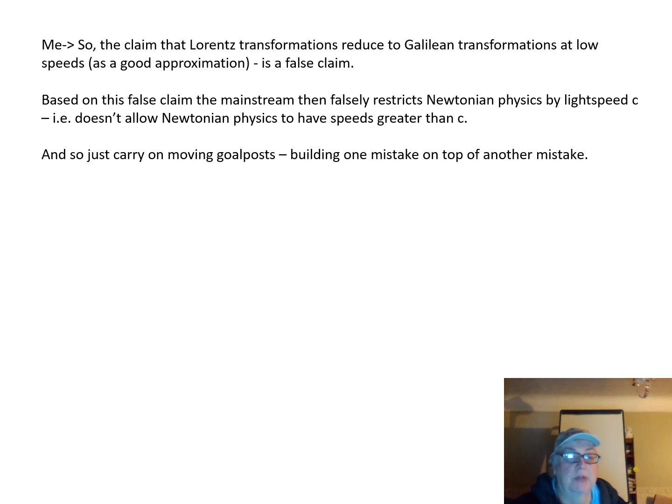Based on this false claim, the mainstream then forcibly restricts Newtonian physics by light speed c, i.e. in that situation it's not allowing Newtonian physics to have speeds greater than c. And so just carry on moving goalposts, building one mistake on top of another mistake.